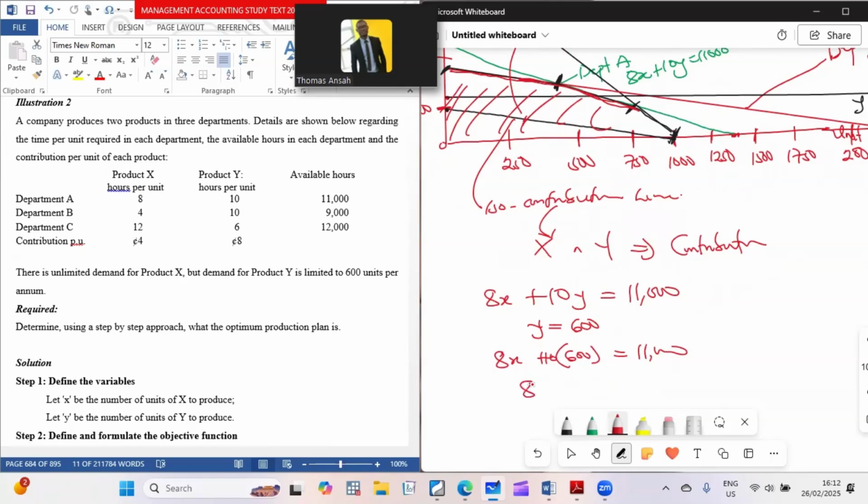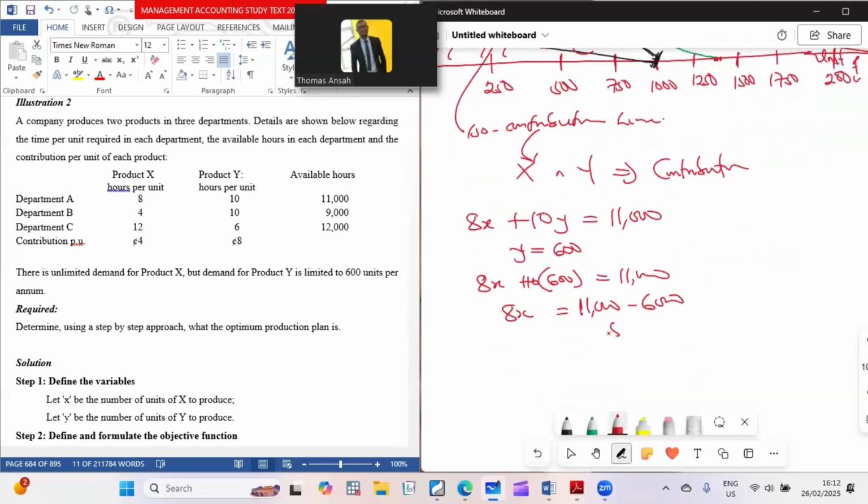So you have 8x is equal to 11,000 minus 6,000. That is 5,000, right? So 8x is 5,000, so x is 5,000 by 8, giving me 625. All right, so basically that is that.